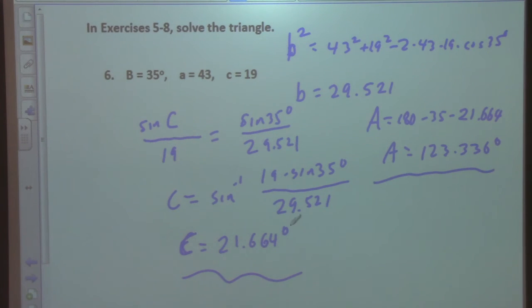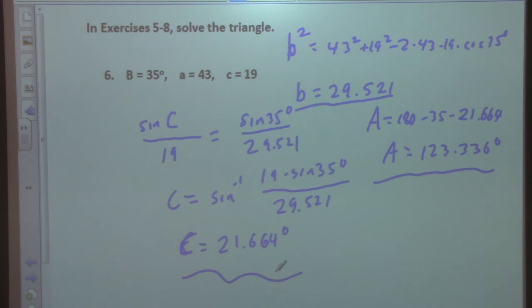Okay. You got to go to the smallest one first. You have angle C, angle A, so that's all of it, right? Because this is your side B, you have everything now.